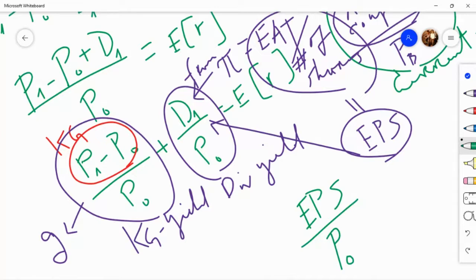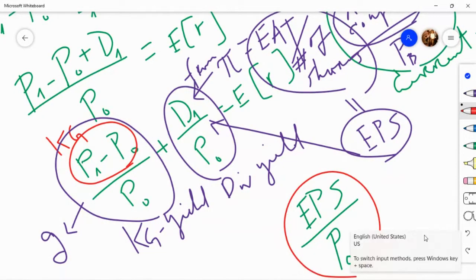In this case, think about it: if dividend over price is called dividend yield, what should earnings per share over price be called?